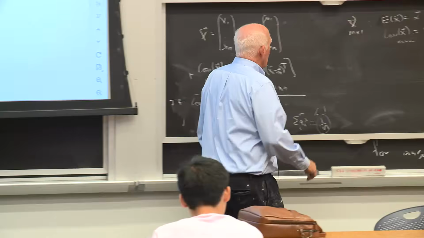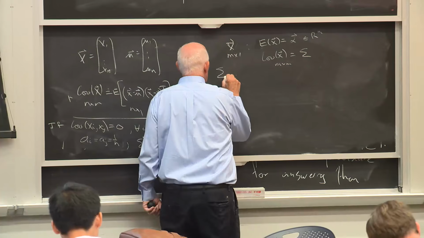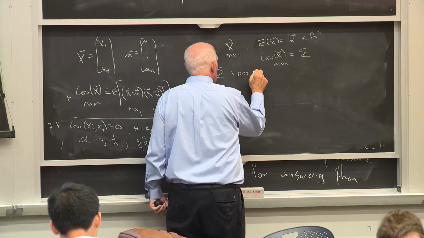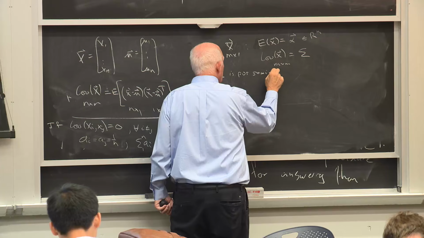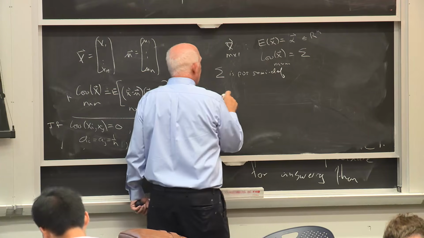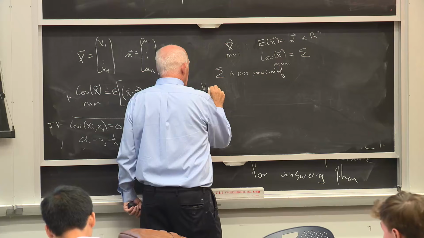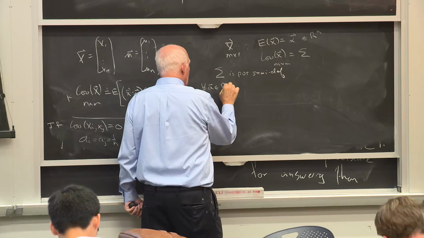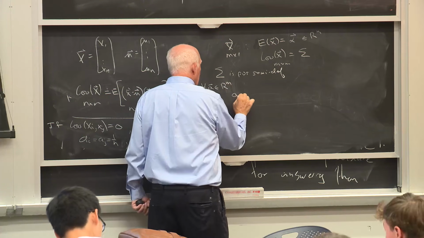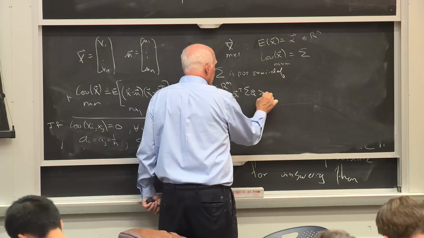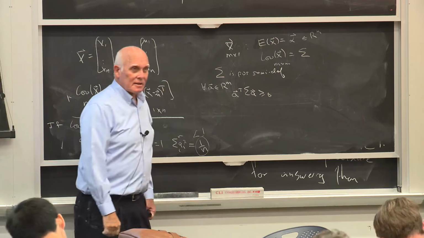And so sigma is positive semi-definite. The definition of positive semi-definite is that for all A vectors, A transpose sigma A is greater than or equal to 0.